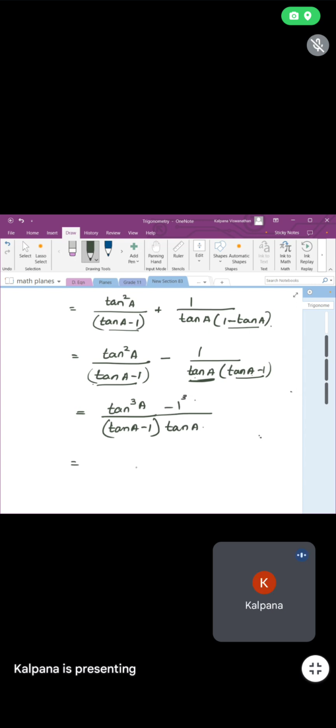What is the formula? 1 can be put as 1 square, 1 cube, however we require, we can bring that 1. Now what is the formula? A cube minus B cube is A minus B into, what is the formula? If you don't know, I'll write here. A cube minus B cube is equal to A minus B into A square plus AB plus B square.